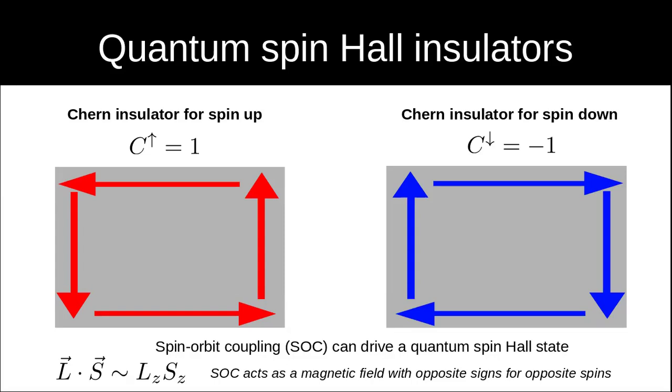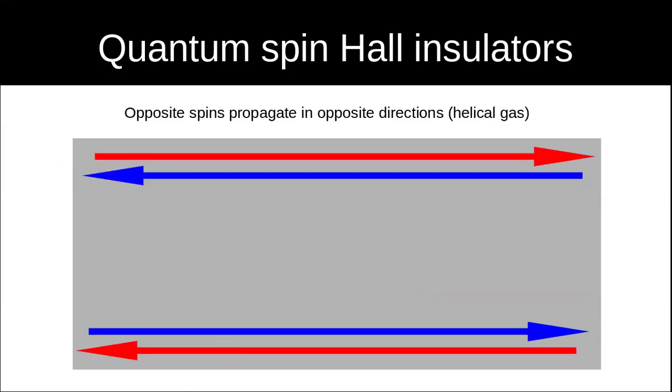And this idea of having opposite, let's say, magnetic fields or opposite breakings of time reversal symmetry for one spin then the other spin is effectively what one needs to get a quantum spin Hall state. And quantum spin Hall insulators are effectively just driven by this relativistic spin orbit coupling in materials.